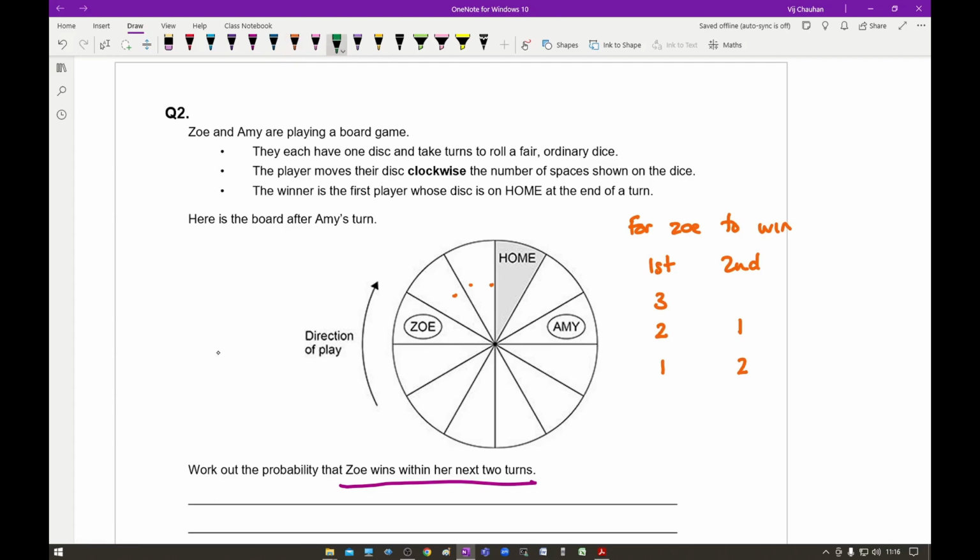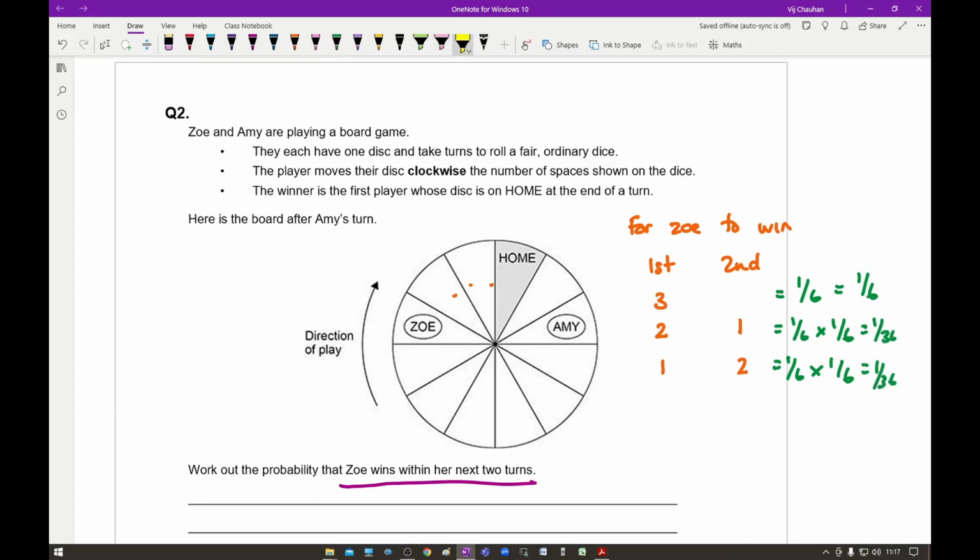For her to roll a 3, there's only one 3 on a dice, so that's 1 out of 6. For her to roll a 2 is 1 out of 6, and a 1 is another 1 over 6. Simplifying those probabilities, that's 1/6, 1 out of 36, and 1 out of 36.